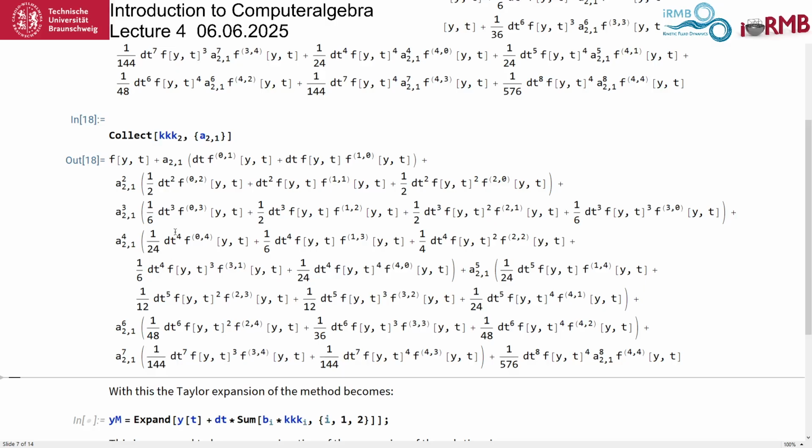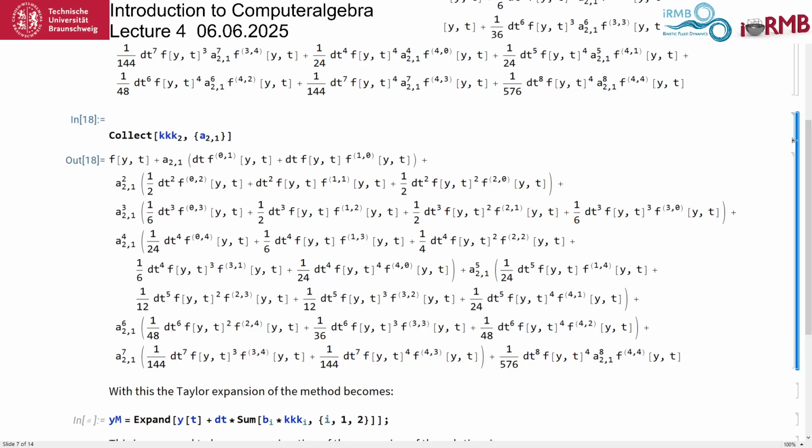Okay, it does it a little bit ugly, but it is still okay. What we observe is we have this here just once, then we have the square of it, the third order, fourth order, sixth order, and seventh order. But remember, the seventh order is not complete in here, because of what I told you about our expansion.